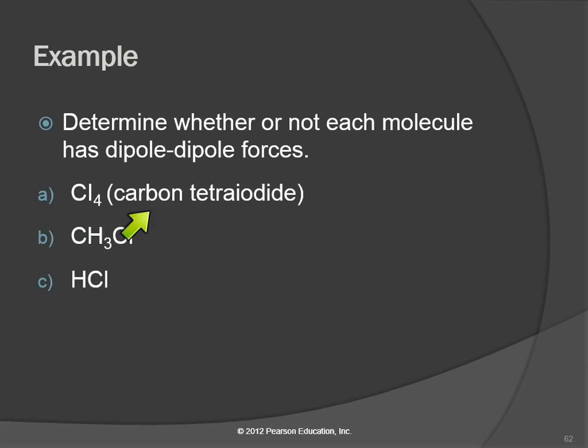CI4, and I wrote the name out because it kind of looks like chlorine 4, but it's carbon tetraiodide. So that's going to be carbon with 4 iodine atoms attached to it. And if you go through and do all the dots and everything, each of these is going to have lone pairs.